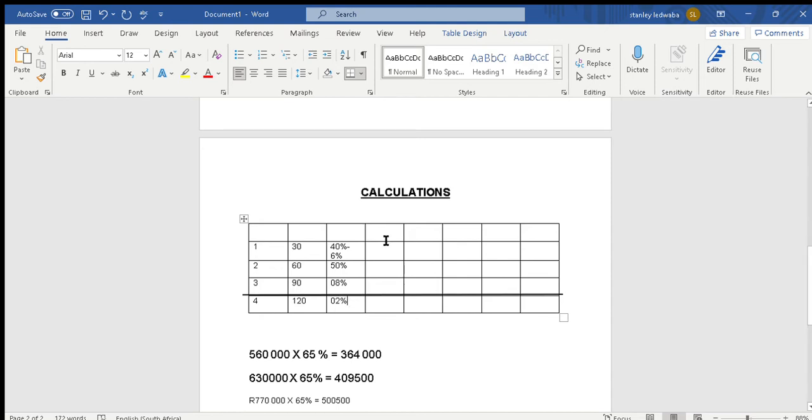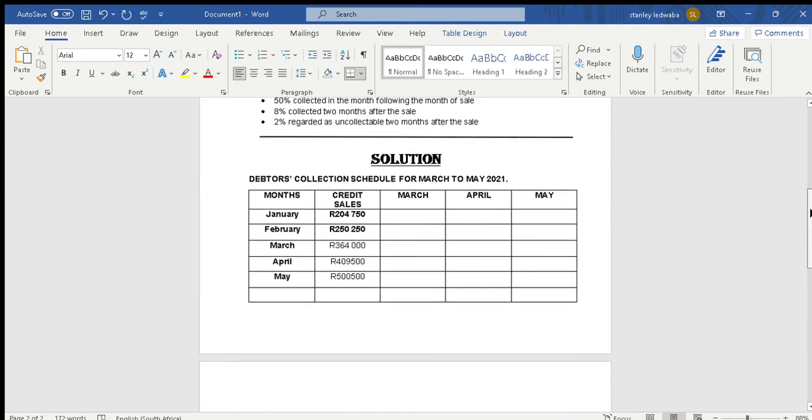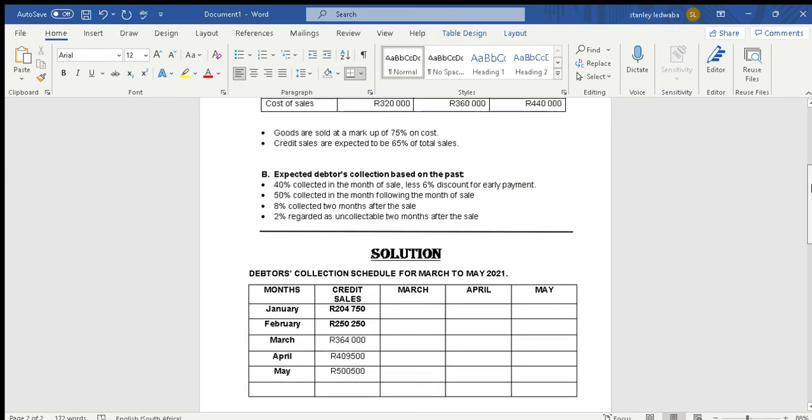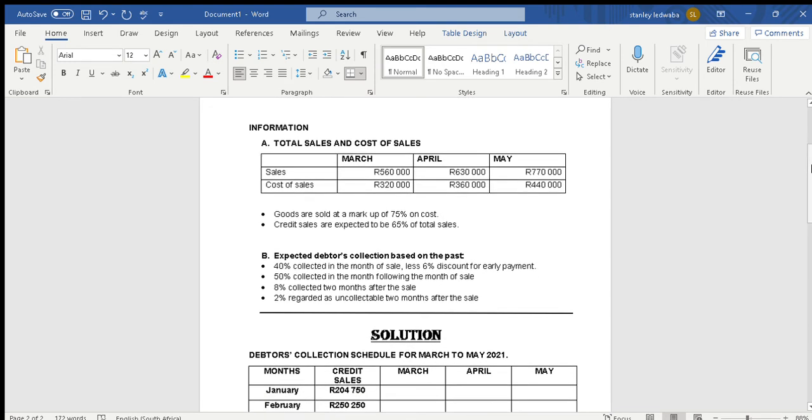Then now look at this. We have March, April, and May. I'm reading on information A. We have March, April, and May, right, which are the budgeted months.